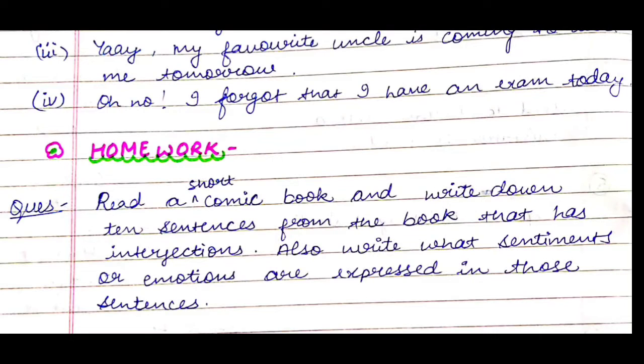Also write what sentiments or emotions are expressed in those sentences. Or you can ask the students to bring a comic book to school, and in the next class do the same work in class, writing the sentences and their explanations.